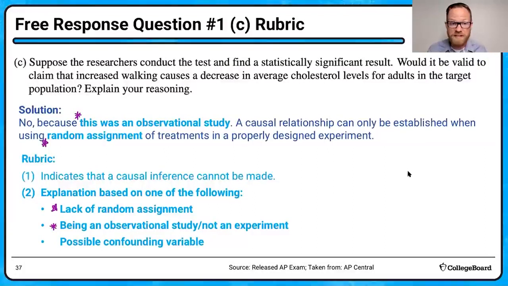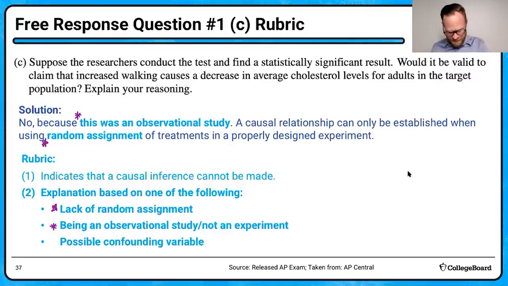Now, this third possibility that you see here says possible confounding variable. So another approach to this that would get full credit would be to identify a specific confounding variable here. A confounding variable is some other third variable, besides the explanatory and response, that's making it difficult to see whether the explanatory is causing the response.